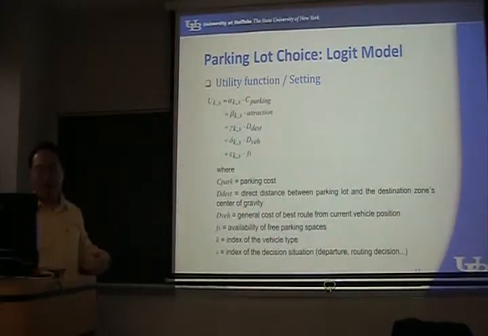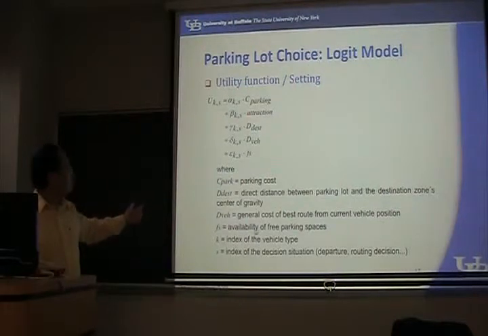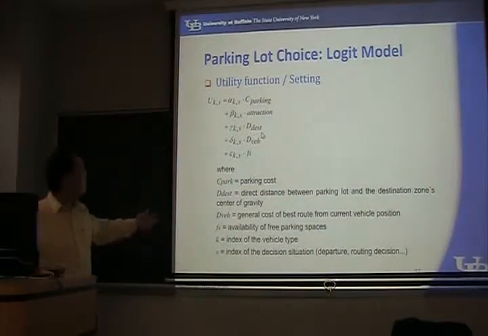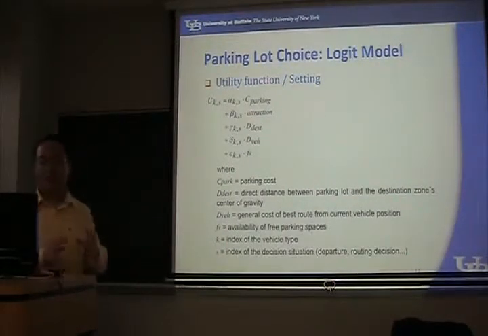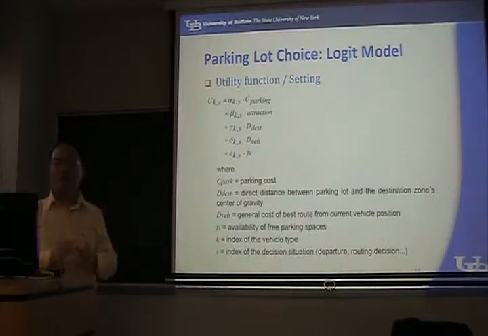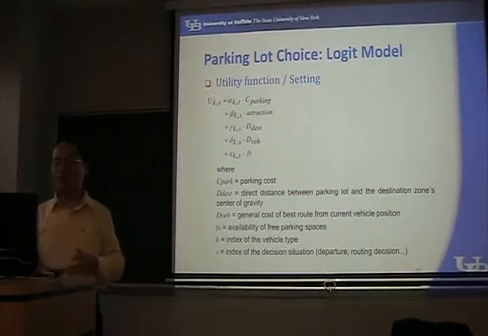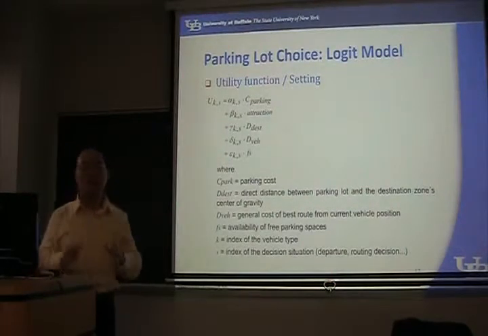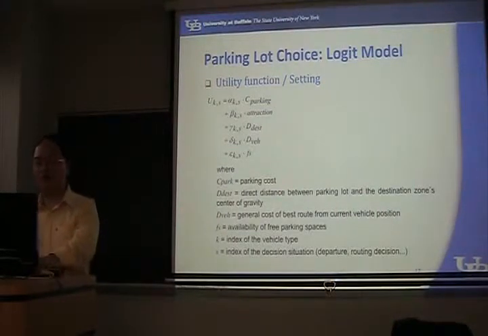It has several weights associated with the parking cost and attraction, which I didn't list here, and the direct distance between the parking lot and destination and something like that. And this is using the logit model. So the Kirchhoff model is used in route choice, and parking lot choice is using the logit model. And that's the reason you want to modify these parameters in the DTA, dynamic assignment dialog.